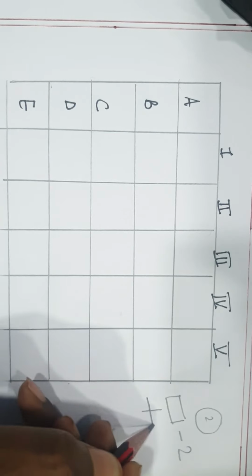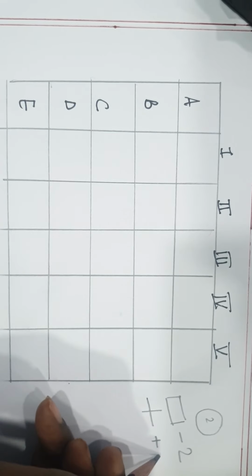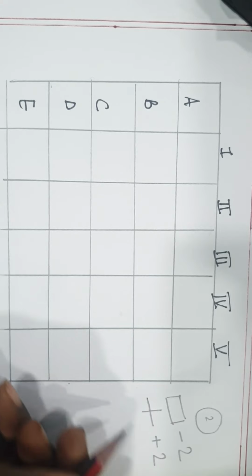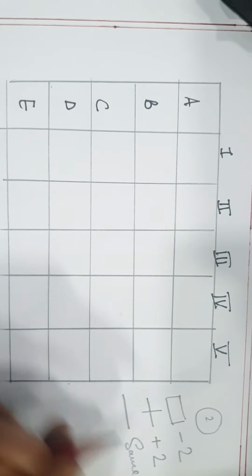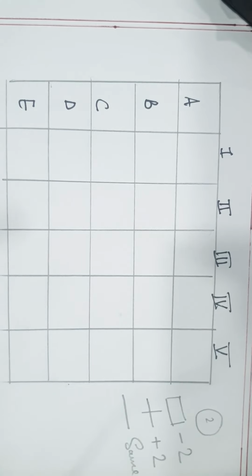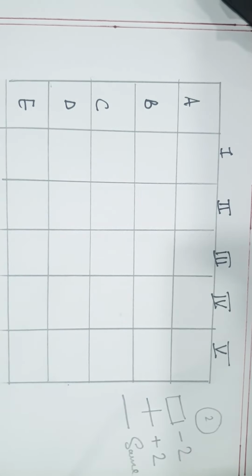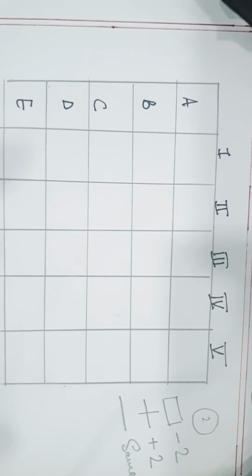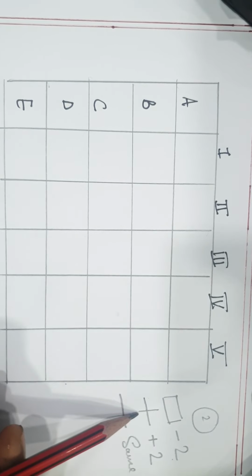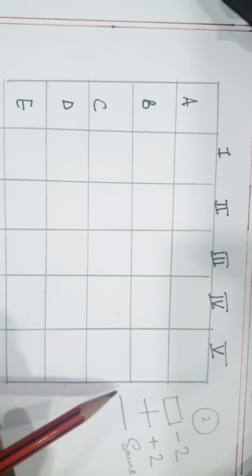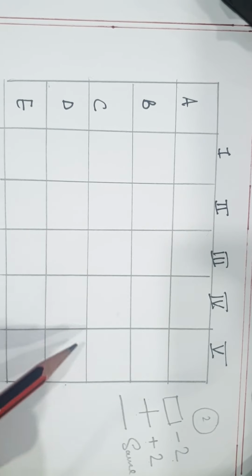Wherever you are getting a double line, you have to plus 2. And wherever you are getting a single line, you have to write the same. You have to remember this concept: wherever you are getting a box, you have to subtract 2, wherever you are getting a double line, you have to plus 2, and wherever you are getting a single line, you have to write the same.